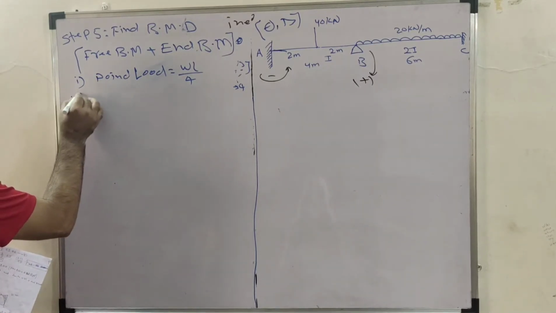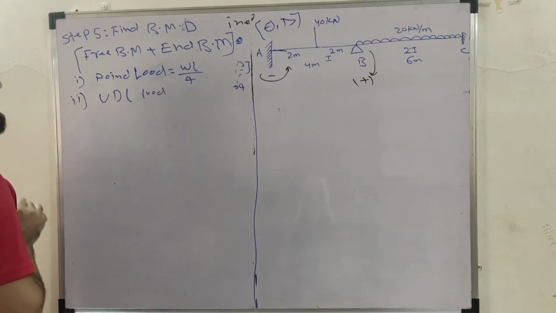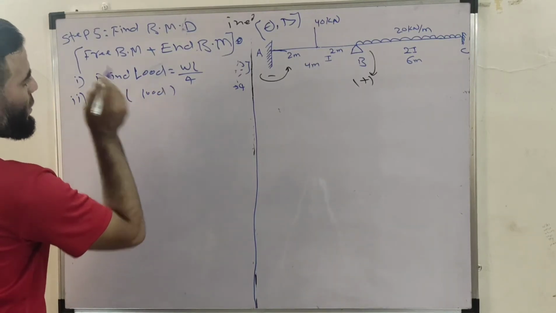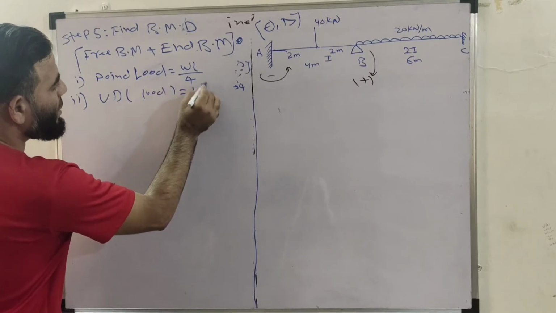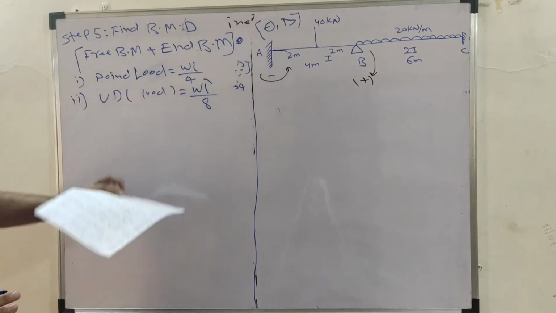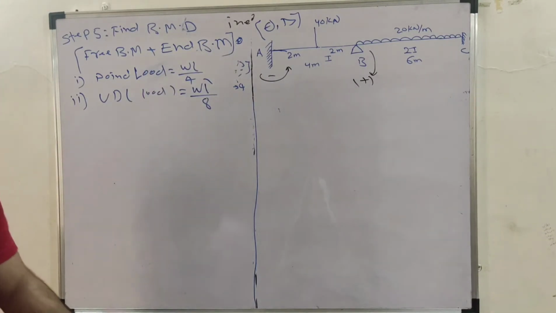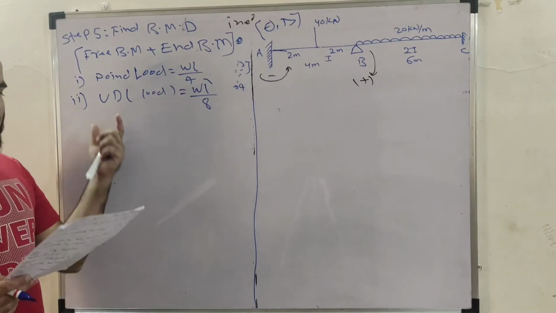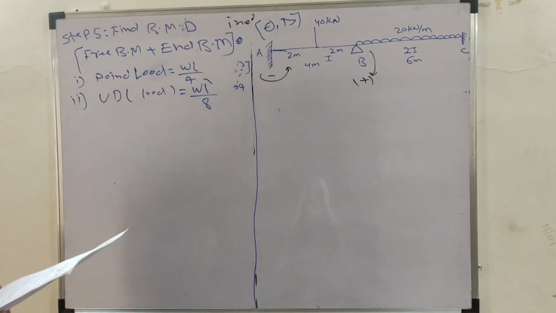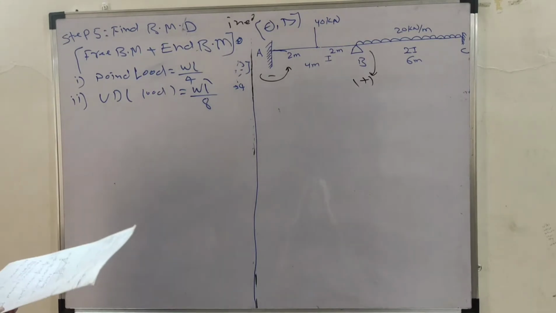The second is for the UDL, uniformly distributed load. What is the formula? WL square by 8. These two formulas we have: one is the point load formula, and one is for the UDL, for the free bending moment and end bending moment.